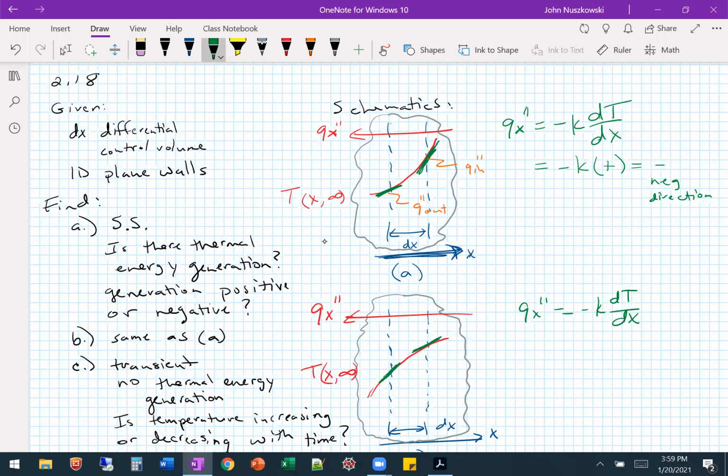Okay, so then we have our still positive slopes, right? So we get a negative direction.